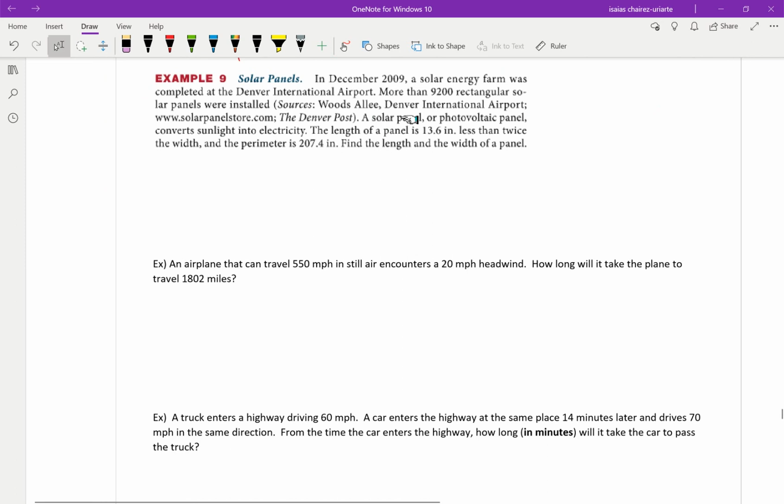A solar panel or photovoltaic panel converts sunlight into electricity. The length of a panel is 13.6 inches less than twice the width. And the perimeter of the photovoltaic panel is 207.4 inches.